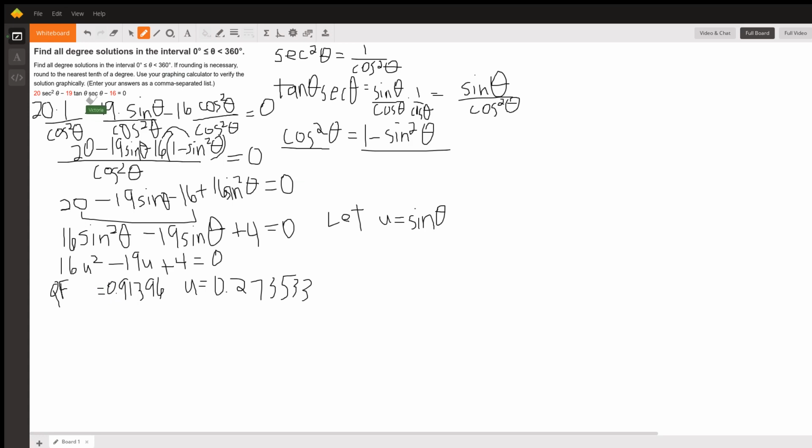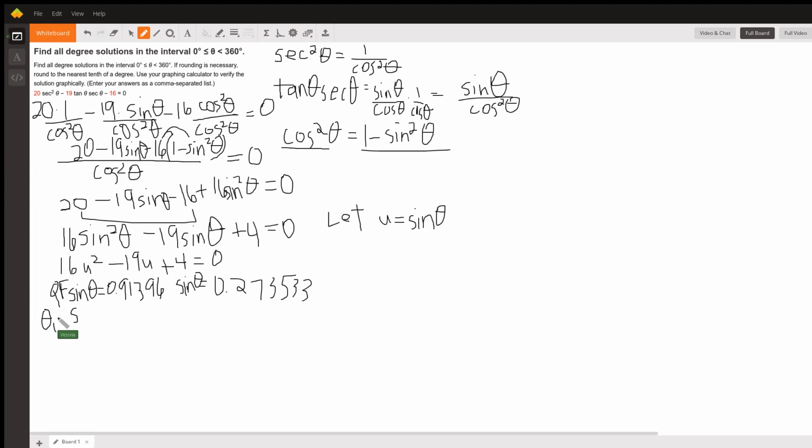So I'm going to replace this u with sine theta. And I'm going to replace this u with sine theta. So now we just need to do an inverse sine of this to find out what theta is.